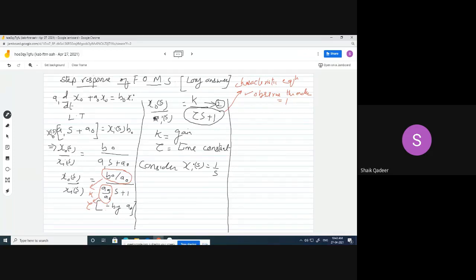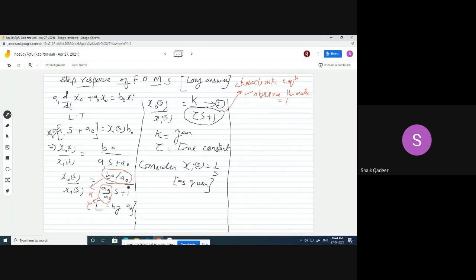So what is the input in this relation of Xo(s) and Xi(s)? This Xi is the excitation. Given the excitation as a step, I can consider Xi of s is equal to 1 by s. Just now I told you the Laplace transform of a step input is nothing but 1 by s. In brackets you can write 'as given'.